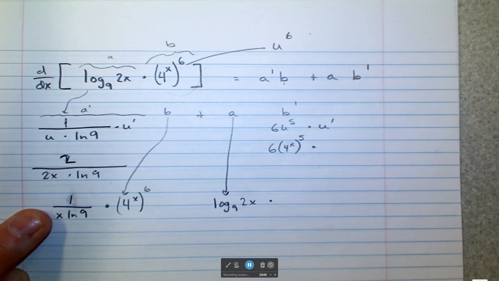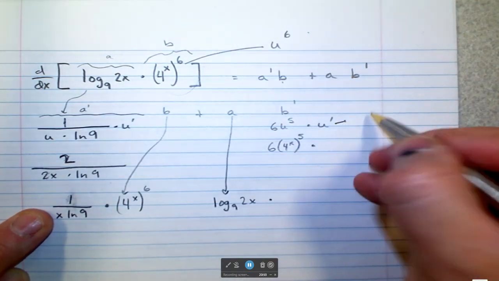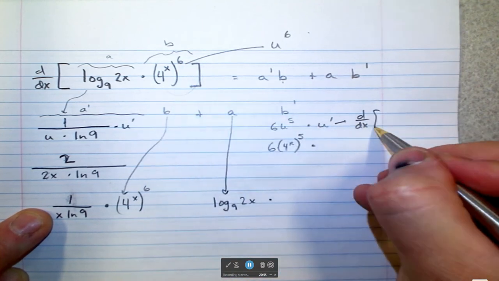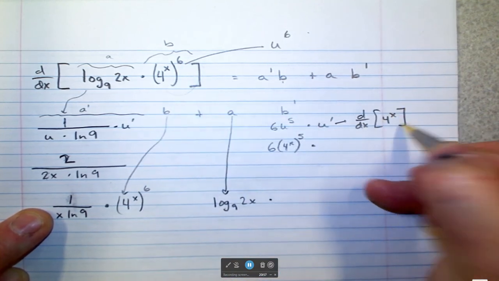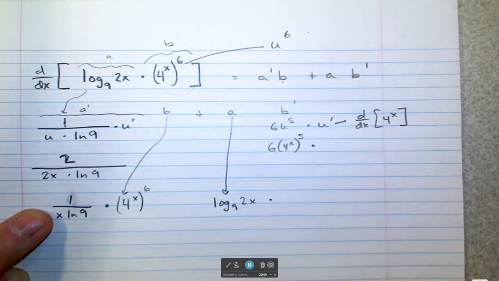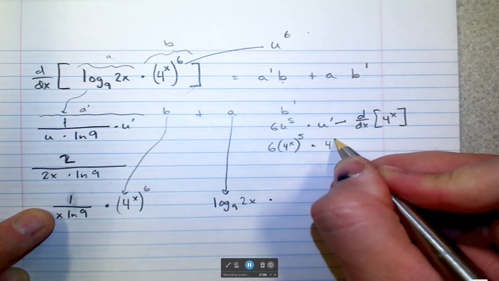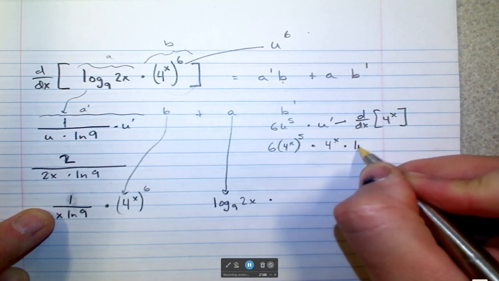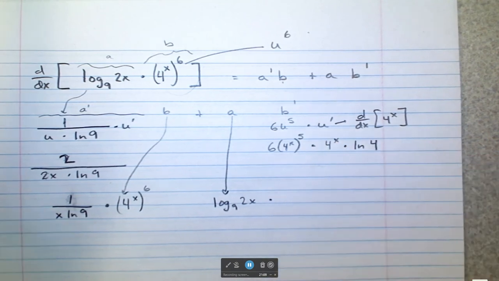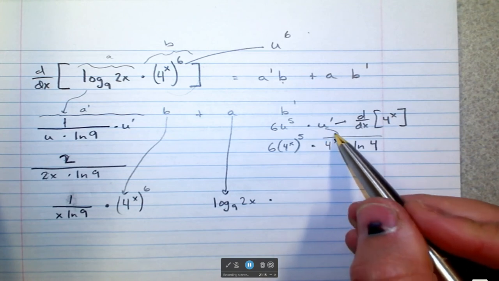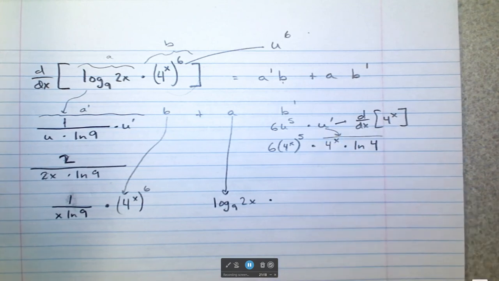Well, u prime would be the derivative of 4 to the x. Well, the derivative of 4 to the x is a really simple rule. That's going to be 4 to the x times the natural log of 4. Fair enough? So that is u prime. 4 to the x, right? A to the x times natural log of a.